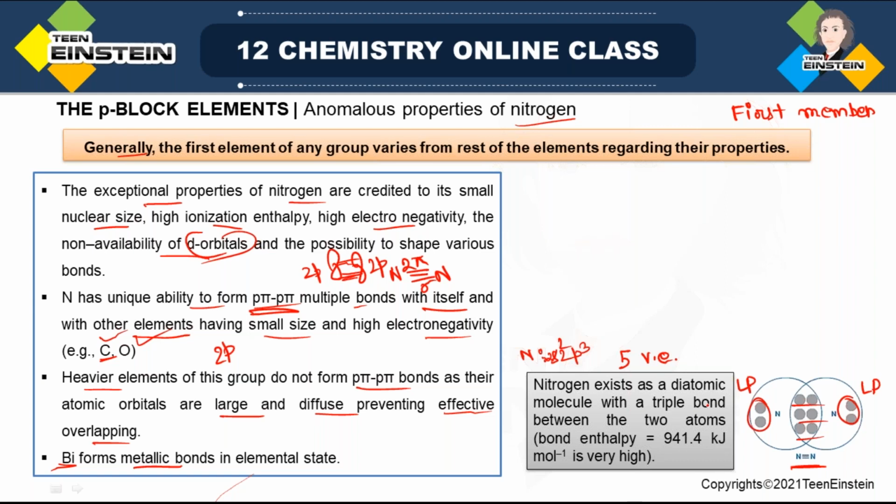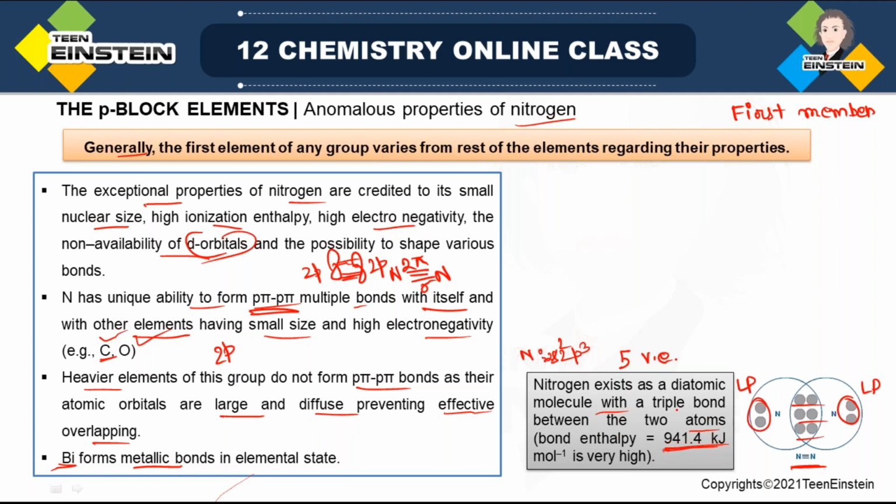It exists as a diatomic molecule with a triple bond between the 2 atoms, and the bond enthalpy value is very high, and that is the reason this molecule is so unreactive. If we want nitrogen to take part in a reaction, we have to break all these 3 bonds, which is really difficult and a highly energy requiring process, which is clear from this value, 941.4 kilojoule per mole. It is really a very high value.